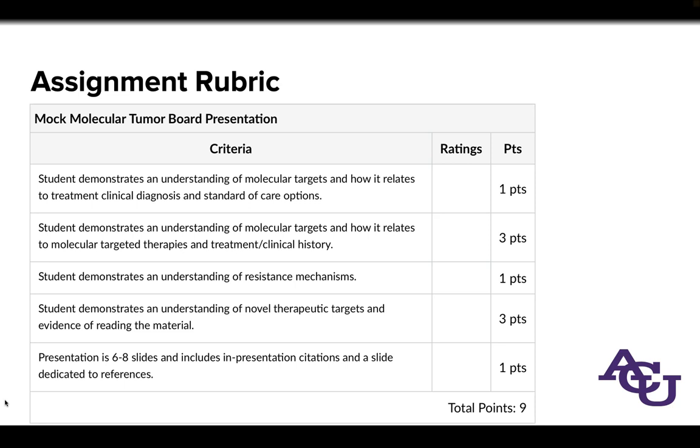And if we look at the rubric, it's pretty straightforward, but you'll notice that the larger part of the points here, those 2 3-point rows, are going to demonstrate an understanding of molecular targets and how it relates to therapies and history, and your understanding of novel therapeutic targets and evidence of reading the material.